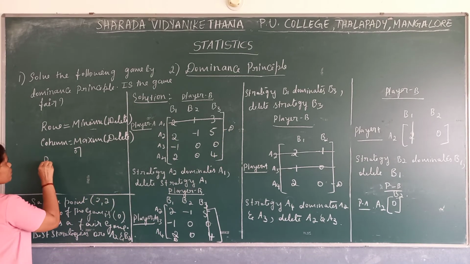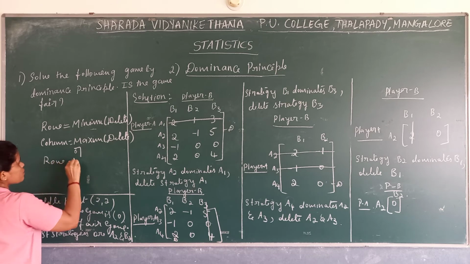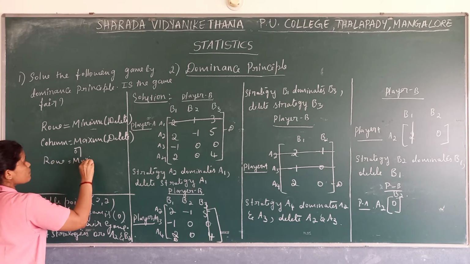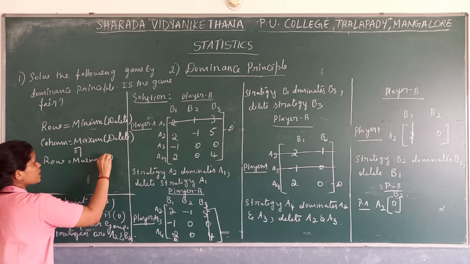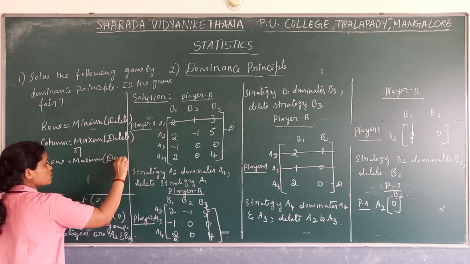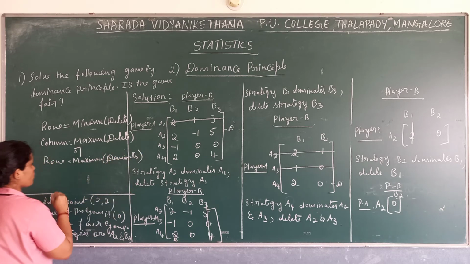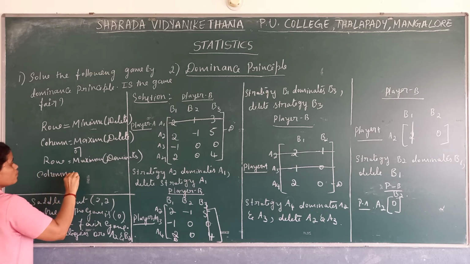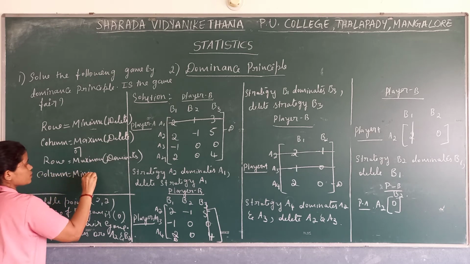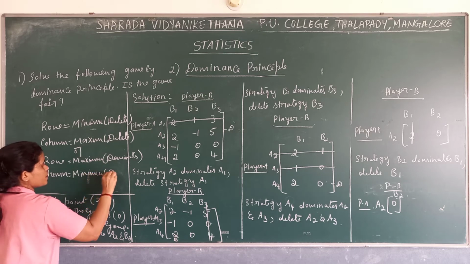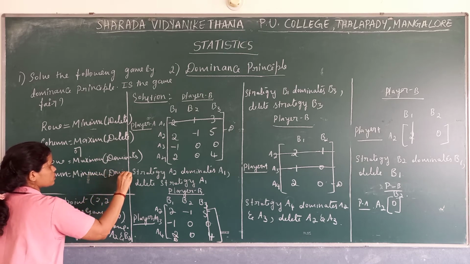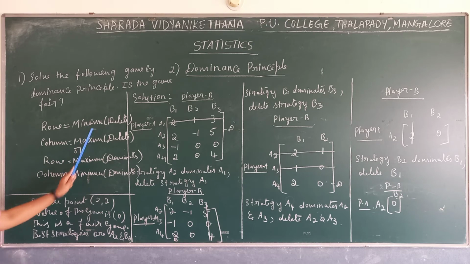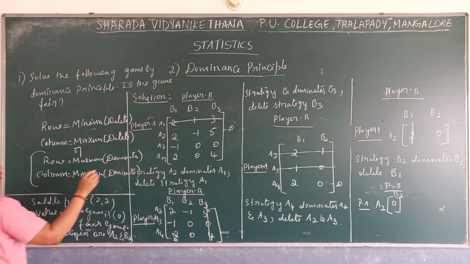Or else you have to remember row wise, the maximum is dominating. Maximum dominates. Column wise, minimum dominates. See, either this or this you have to remember.